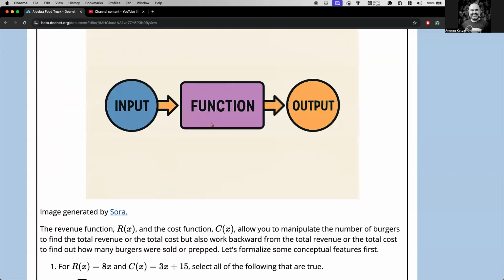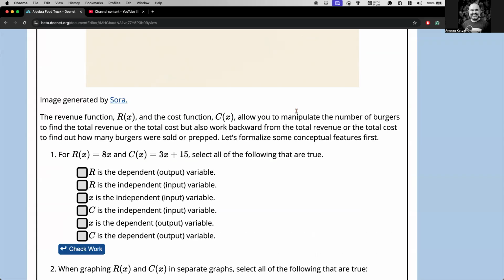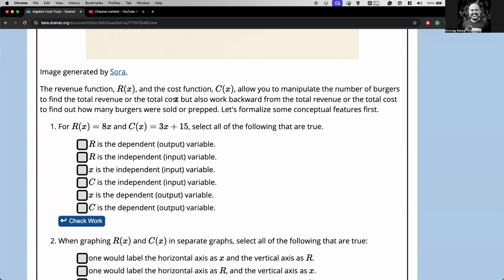Okay, a function is basically it takes an input, does something to it, and then it gives you an output. That's all a function is. So you have a revenue function R of x, you have a cost function C of x. Read these, tell me which ones to check.